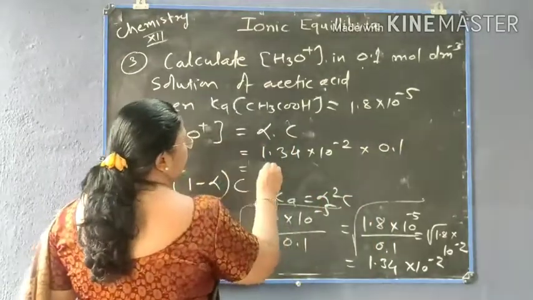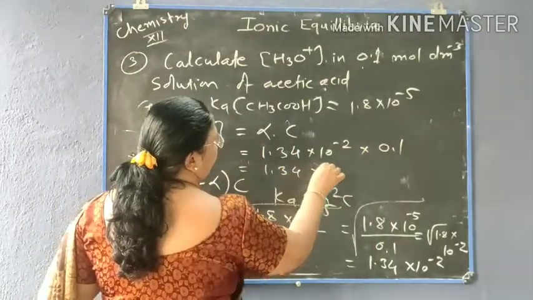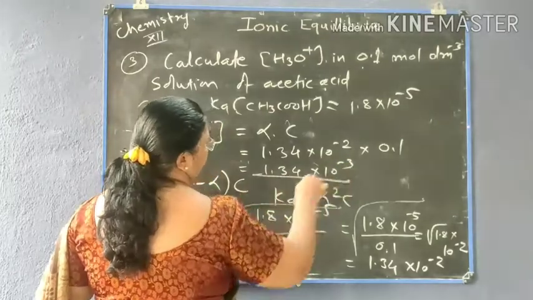So the concentration is 1.34 into 10 raised to minus 3.